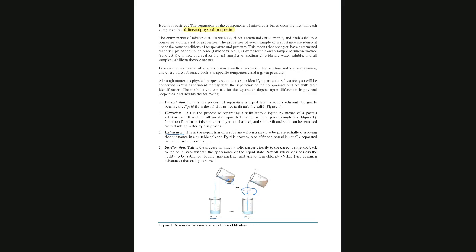Okay. And the last technique that they want to teach us is sublimation. What is sublimation? It's the process in which a solid passes directly to gas, so the liquid phase is not shown.